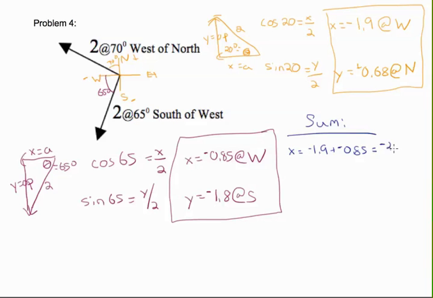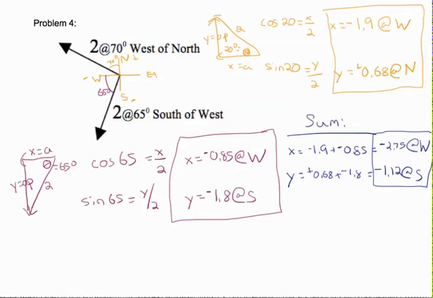For y, we have positive 0.68 plus negative 1.8. We get negative 1.12. And that negative tells us it's at south. So here's our sums. And we can draw those. Our x goes to the west, 2.75, and our y goes to the south, 1.12.